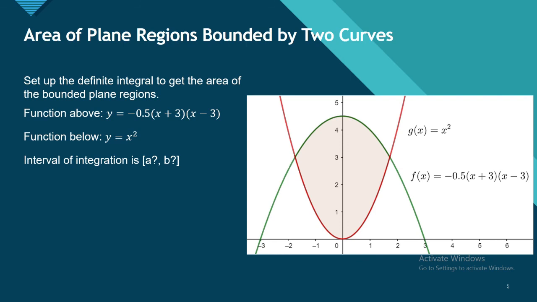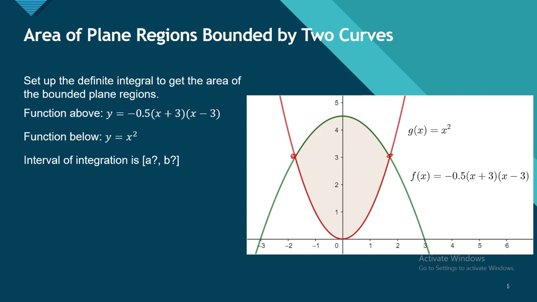Any thoughts about how we move forward with this integration? You must identify the value of a and the value of b, and you can do that by looking for the points of intersection of these two functions. How do you get it?